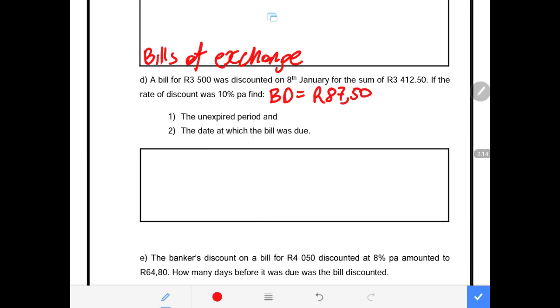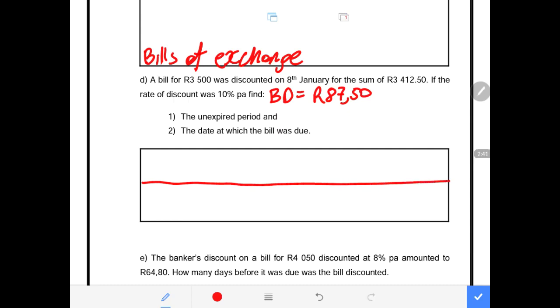So this is our banker's discount, and it is made very clear that the rate of discount is 10%, meaning the interest that the bank will charge is 10% per annum. We are required to calculate the unexpired period. What is the unexpired period?